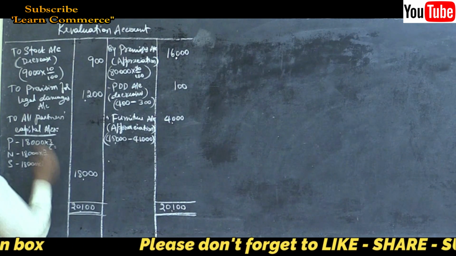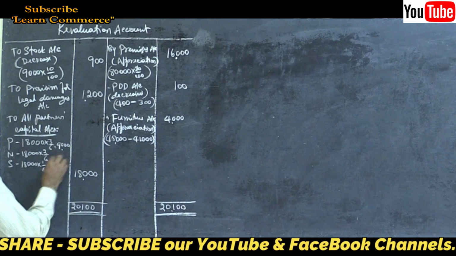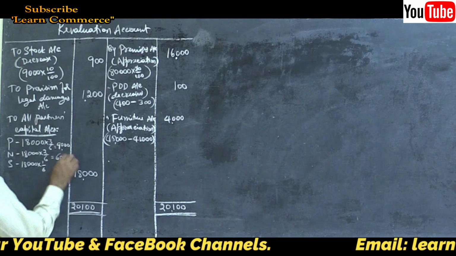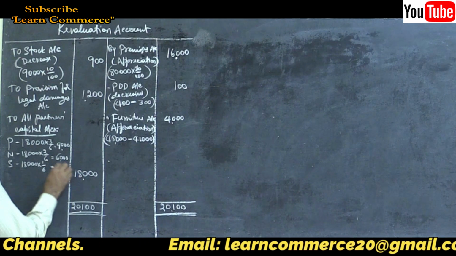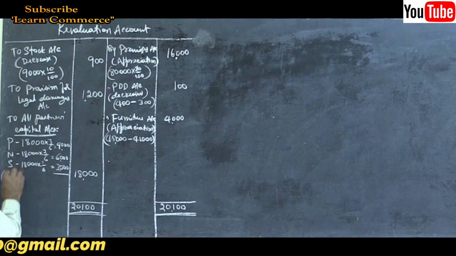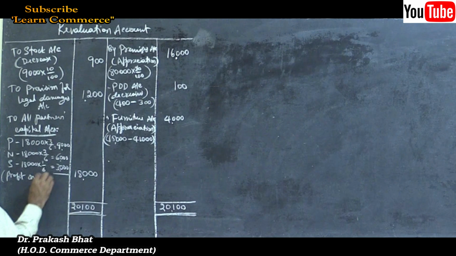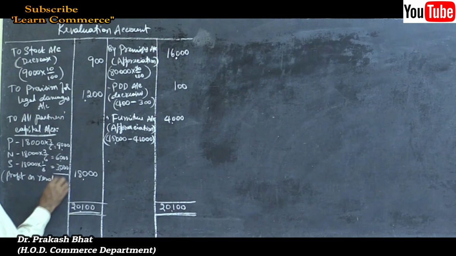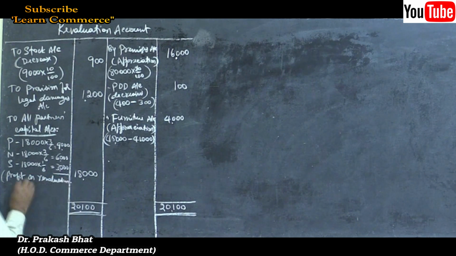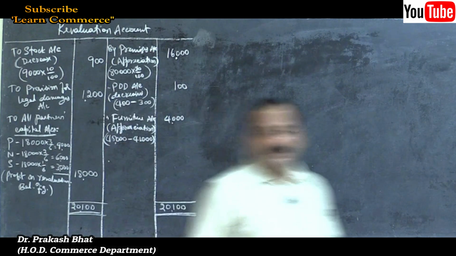So it will be 9,000, 6,000 and 3,000, right? Yes, 18,000. Profit on revaluation, balancing figure. That's all. Your revaluation account first step is done.